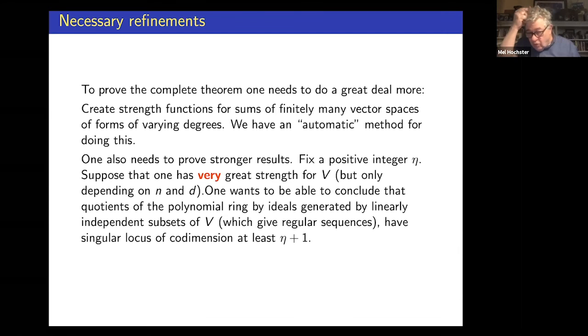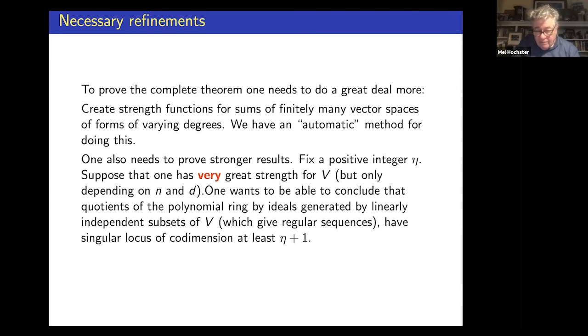So as eta goes up, these varieties you get by killing the regular sequences have better and better singularities. The singular locus is getting smaller in some weird sense. Well, this sense.